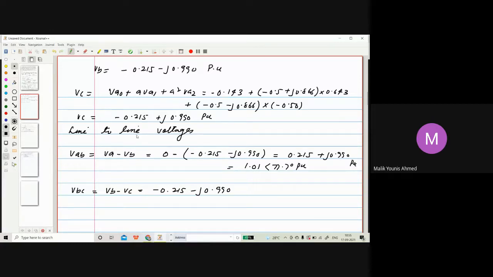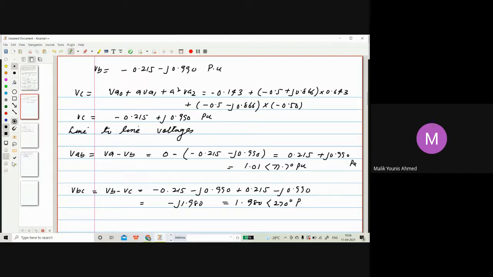If we make it minus VC, that will be plus 2.15 and minus j0.990. So the real parts cancel, and we will have a value of minus j1.980 in per unit. That in polar can be written as, yeah, fine, in per unit.